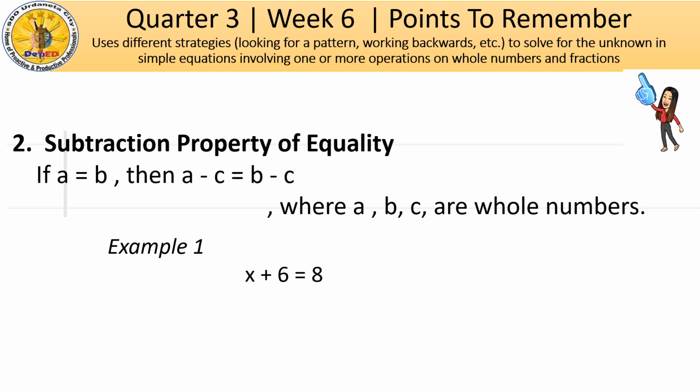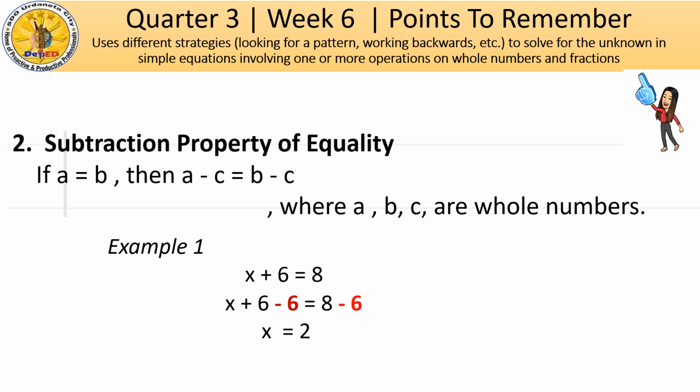The subtraction property of equality states that if a equals b, then a minus c is equal to b minus c, where a, b, and c are whole numbers. In other words, we can always subtract the same quantity or number from both sides of the equation.